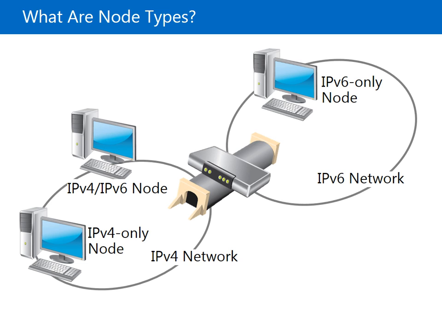Do you have hosts or nodes that are IPv4 only and IPv6 only, or are they configured for backward compatibility to work with both? Those are the basic nodes you need to think of.